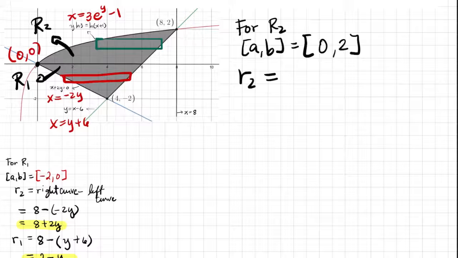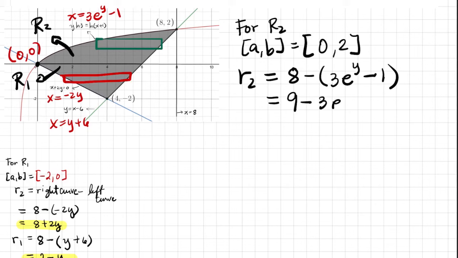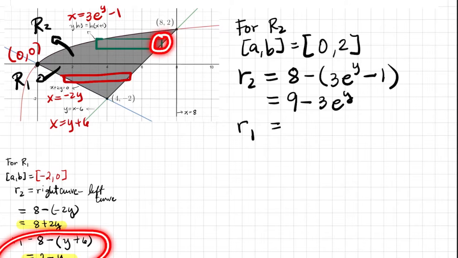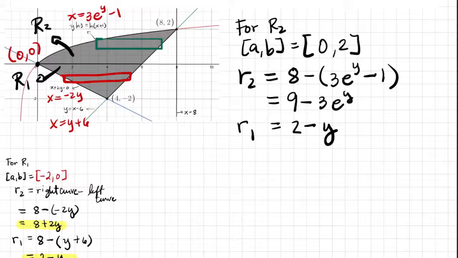So you have 8 minus 3e to the y minus 1. So this is equal to 9 minus 3e to the y. And for the inner radius, it's actually the same as before, because the rectangles have the same lower bound in the same region. So it is the same as this one, which is 2 minus y.